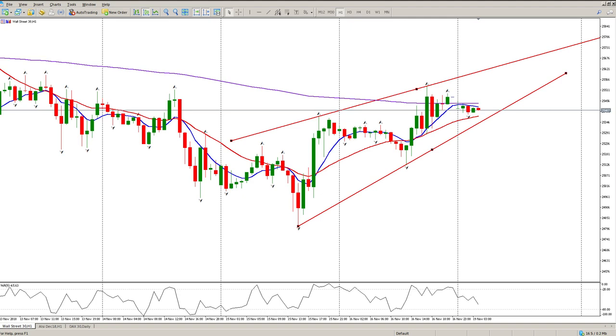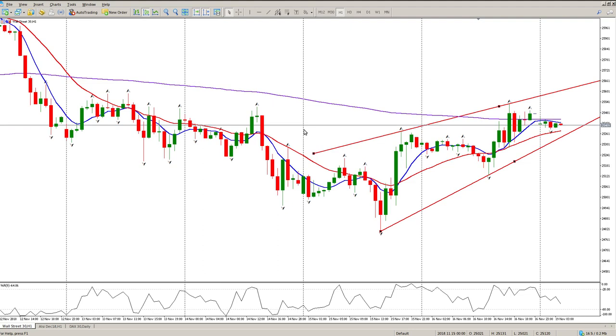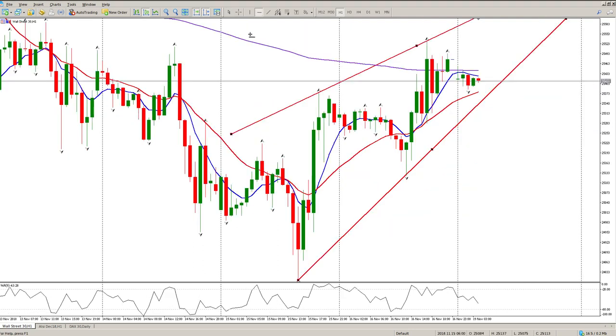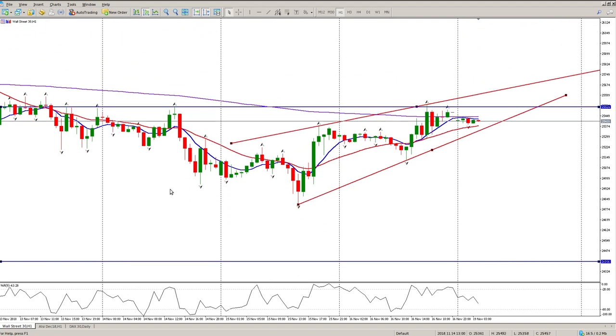There was a little bit of noise from the Feds on Friday, but nothing really serious. So I suspect that investors are going to be moving ahead with caution. But again, there is potential here for a head and shoulders, inverse head and shoulders here on the hour.